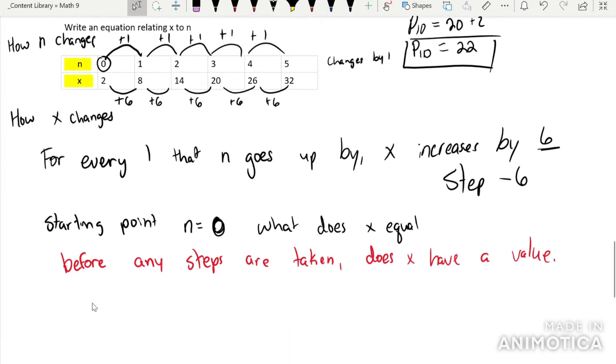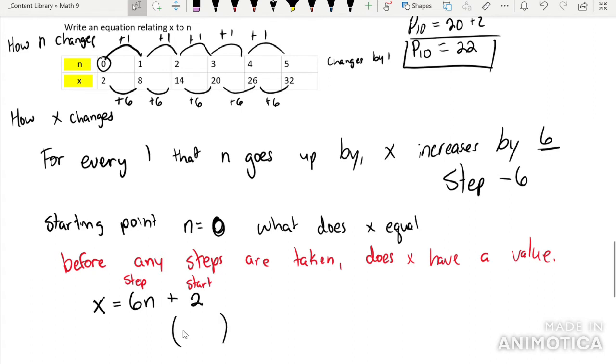So the way I can treat this is x is equal to 6 times n. So again, this is my step, plus my starting value. So in this case, my starting value was 2.